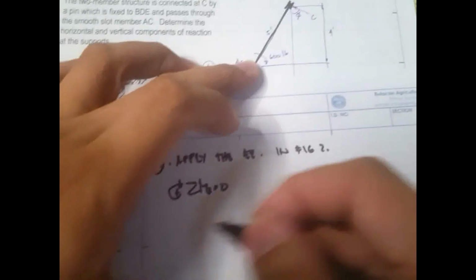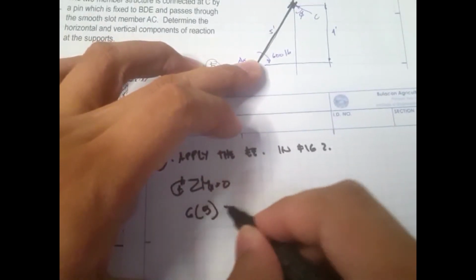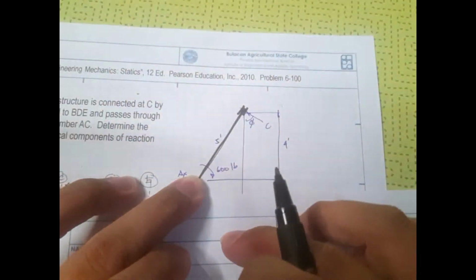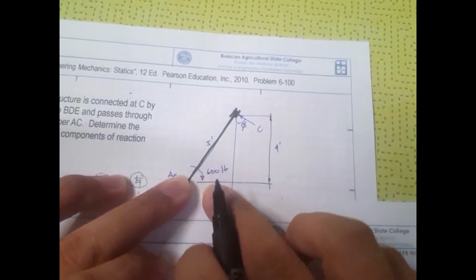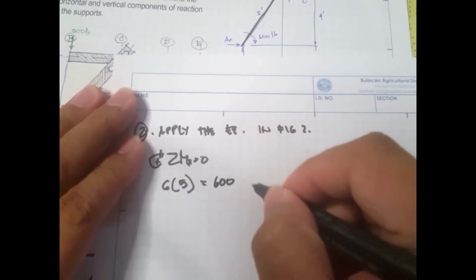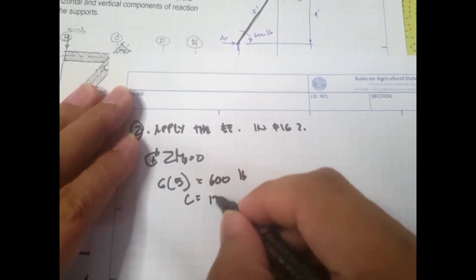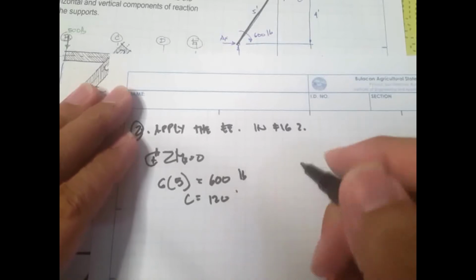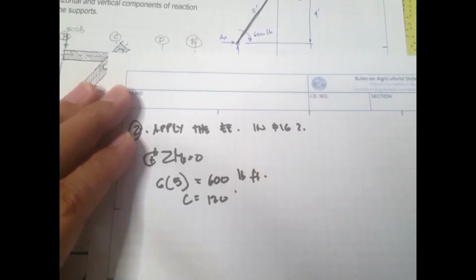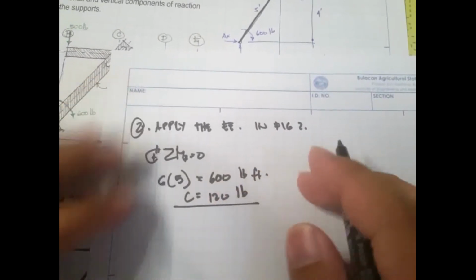So C times 5 is equal to the moments that cause clockwise rotation. So this is 600 pound-feet. Therefore C is equal to 120. So our value of C is 120 pounds.